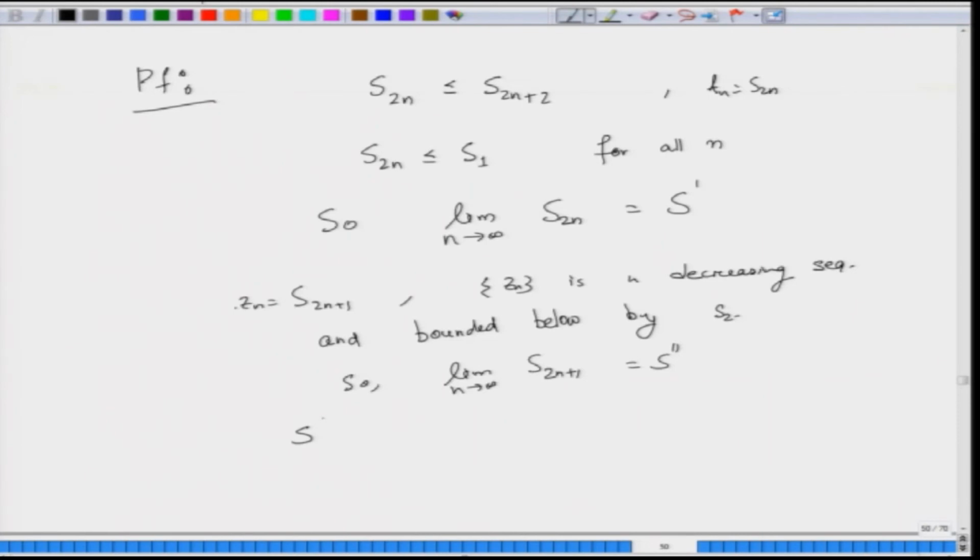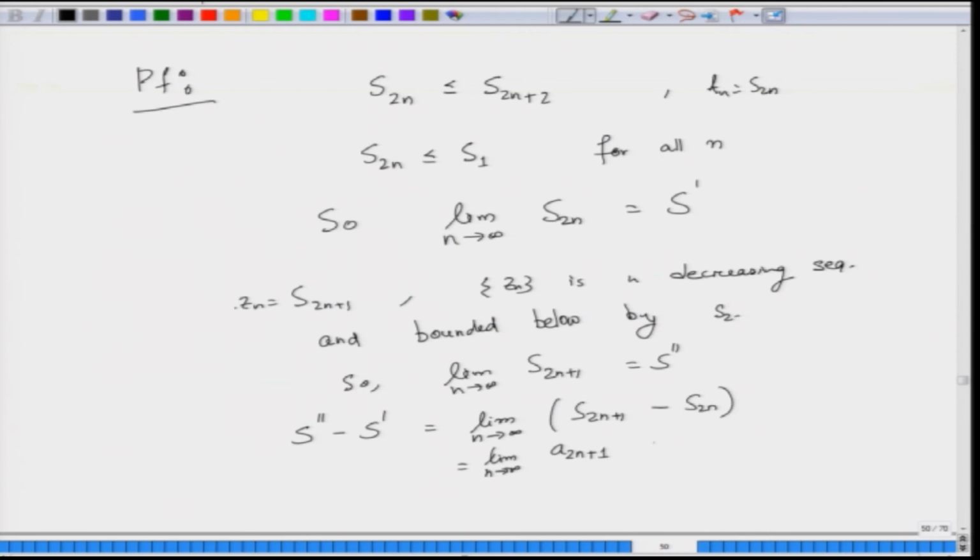So, now let us look at S double prime minus S prime. This is nothing but, by limit laws, the limit as n goes to infinity of S 2 n plus 1 minus S 2 n. Now, the 2 n plus 1th partial sum minus the 2 nth partial sum is equal to the limit as n goes to infinity of a 2 n plus 1.